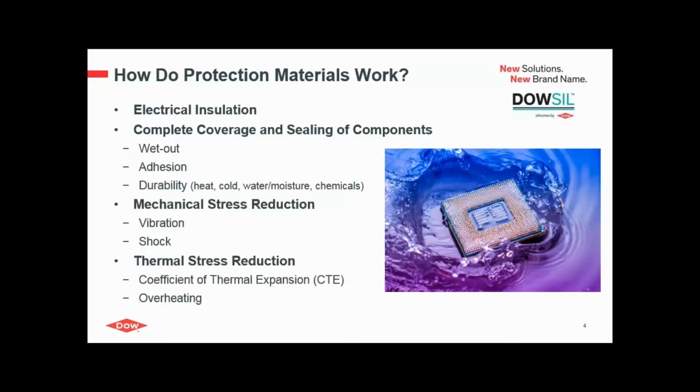And of course, all this needs to be durable to resist against heat, cold, water, or also chemical exposure. In addition, those materials need to work as stress reducers in terms of mechanical stresses like vibration and shock, or thermal stresses like the CTE mismatch or overheating. Just for those of you who are not aware of the term CTE, it stands for coefficient of thermal expansion and indicates the dimensional change of a material when temperature changes.